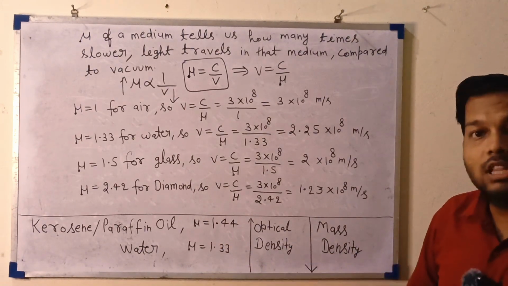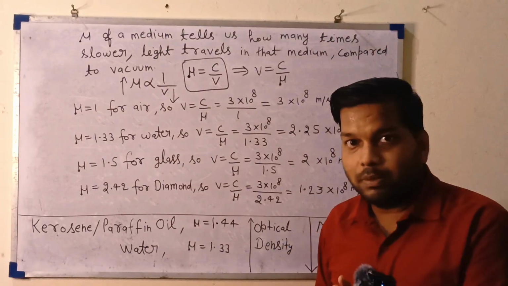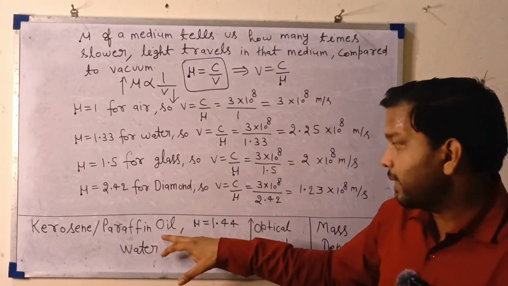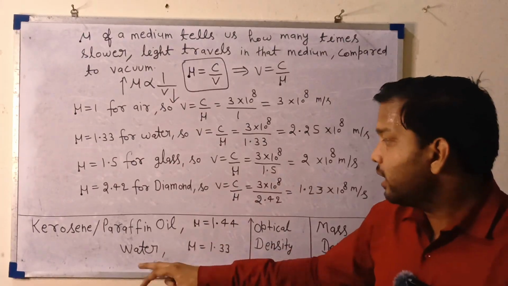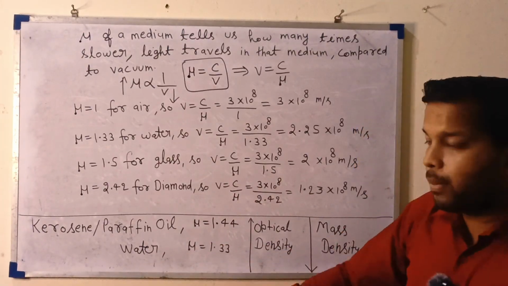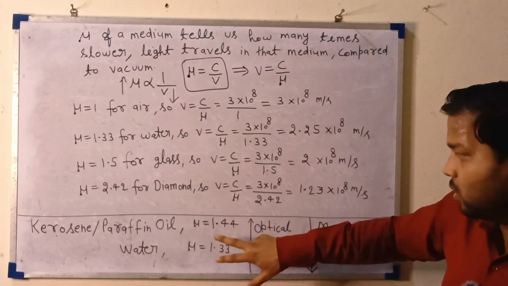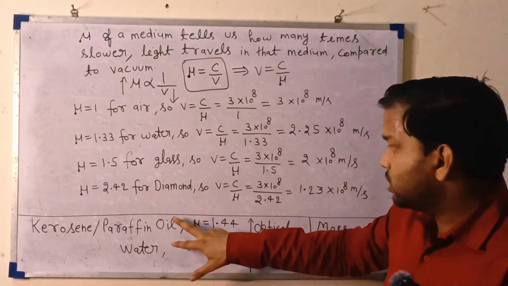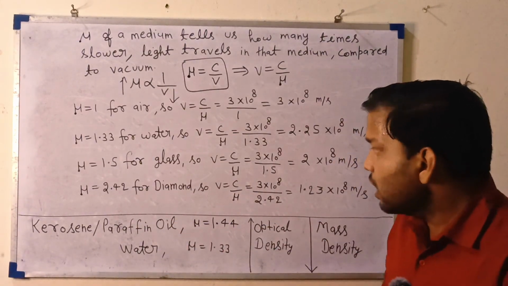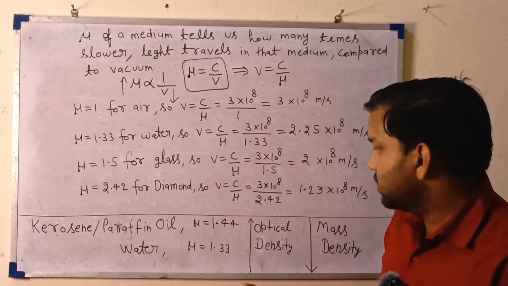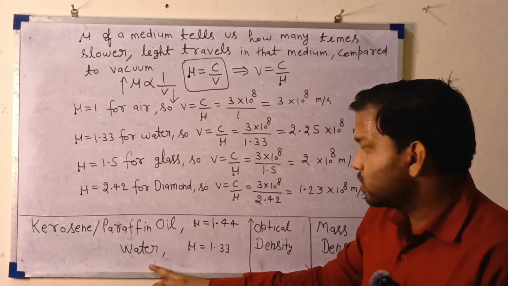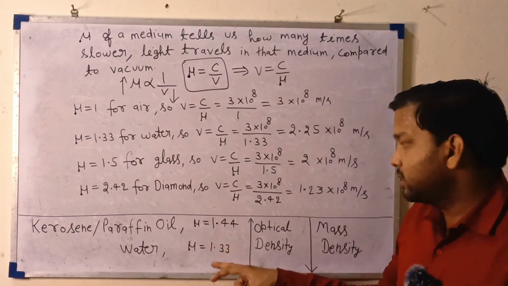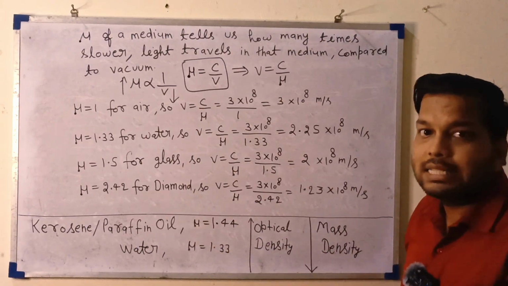Okay, and that's why the speed of light is less in paraffin oil and higher in water. Compared to these two liquids, the speed of light is greater in water and slower in paraffin oil because of its refractive indices.